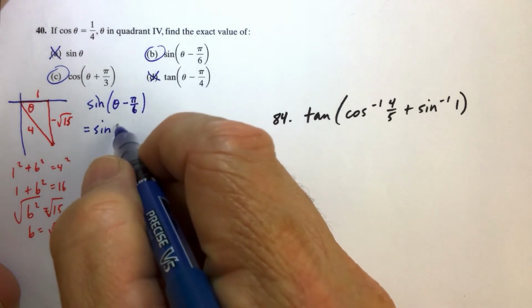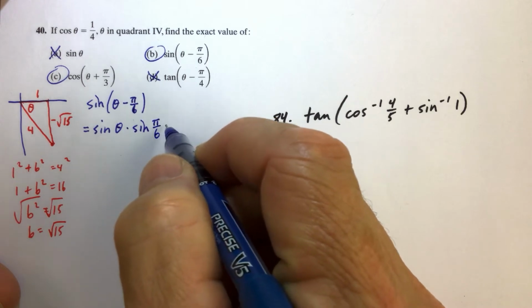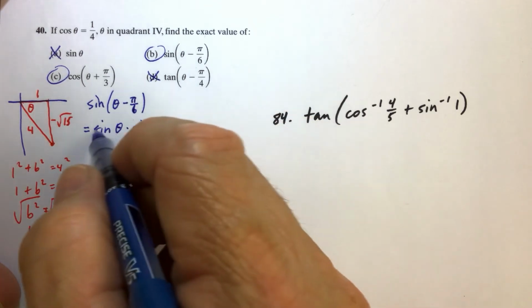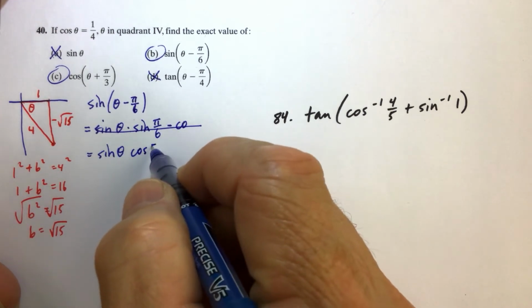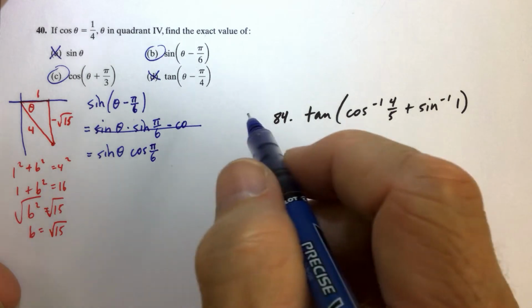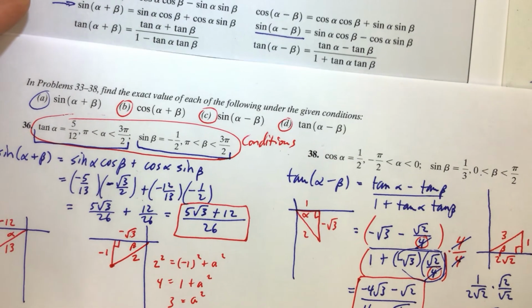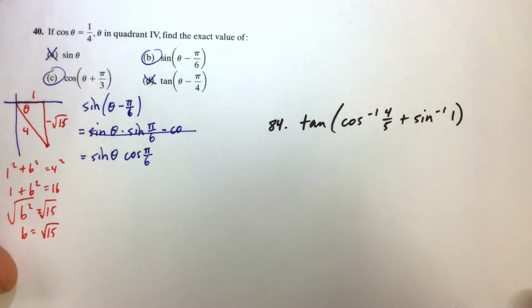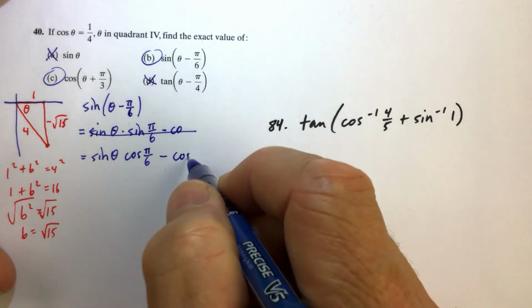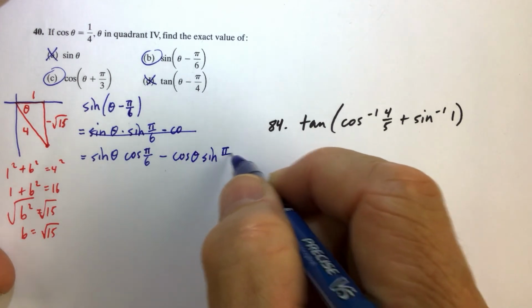That's the sine of theta times the cosine of pi over 6, going off of memory, and I did not remember that very well. So sine of alpha minus beta: sine cosine minus cosine sine. Yep, just double checking. Sine cosine minus cosine of alpha, or theta, times the sine of pi over 6.